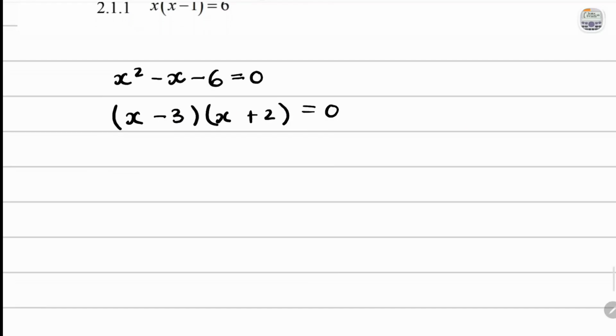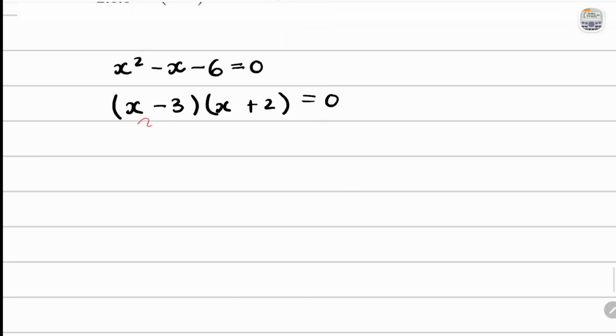Okay, so what I was speaking about in the beginning is how we have something multiplied by another thing and it gives you 0. The only way this is possible is if one of them is equal to 0, because anything times 0 gives you 0.